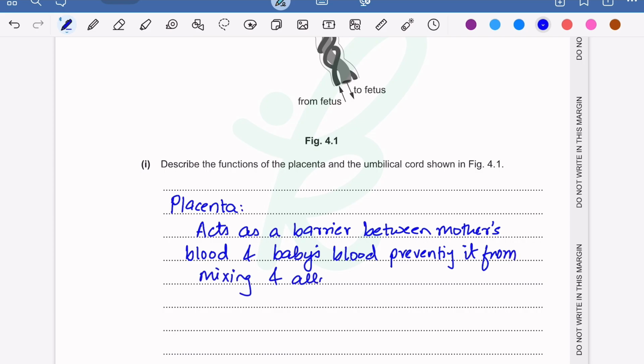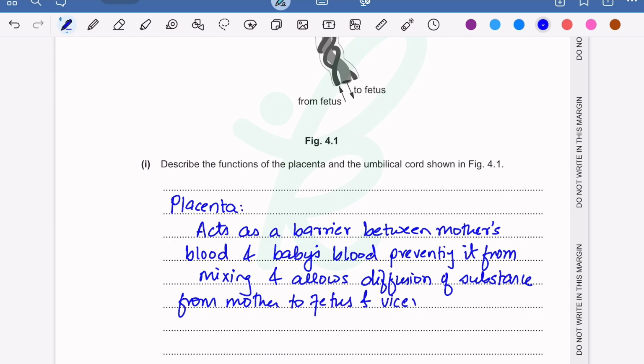And it allows diffusion of substances from mother to fetus and vice versa.